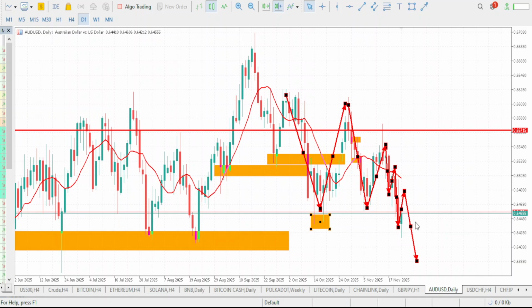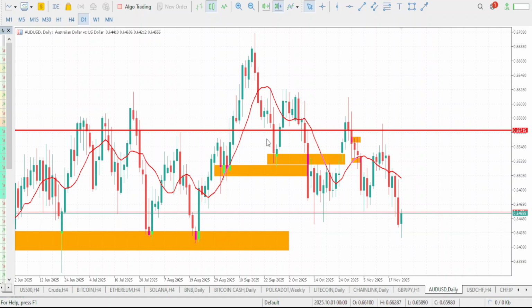So this movement here eventually forms to take out this previous low. The market can then start correcting before another drop. So above all, swing traders and position traders, you can still open for the sell on AUDUSD.